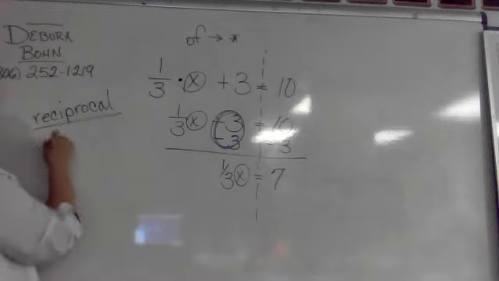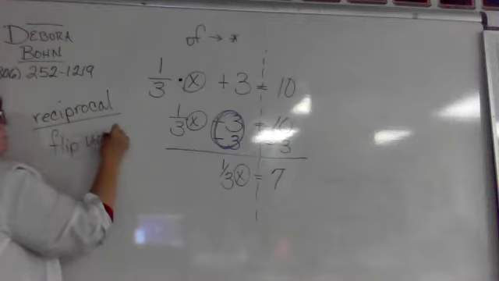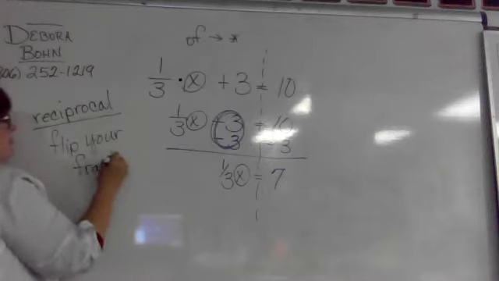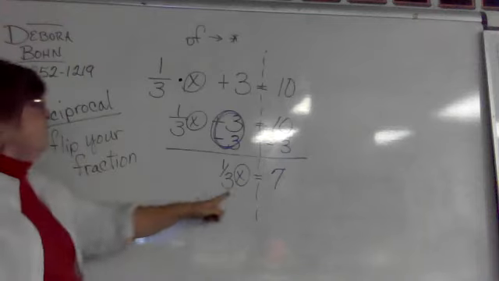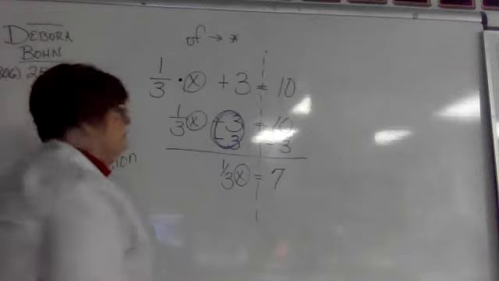This is when you flip your fraction. A reciprocal means flip it, okay? And if you take a fraction times its reciprocal, you'll always get 1, but let's show you why.